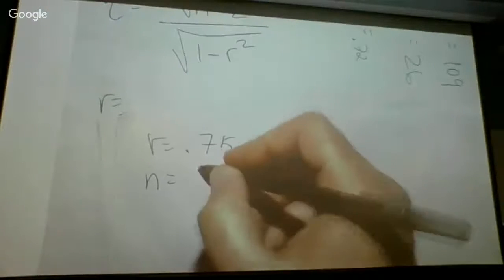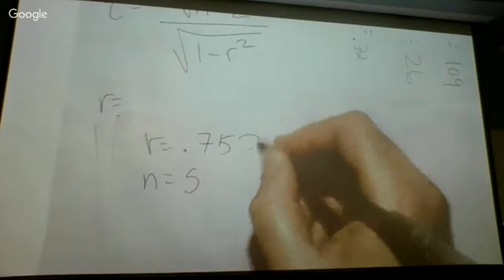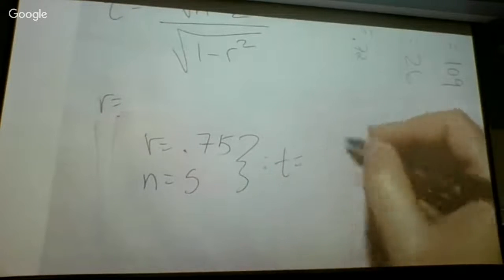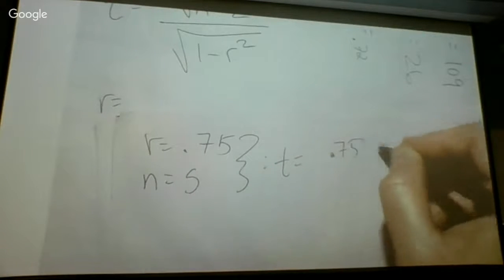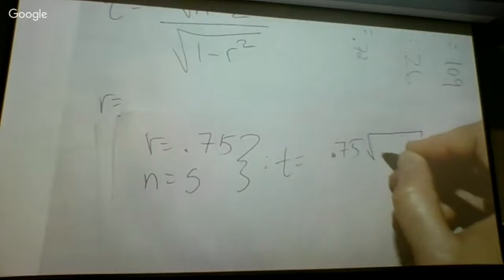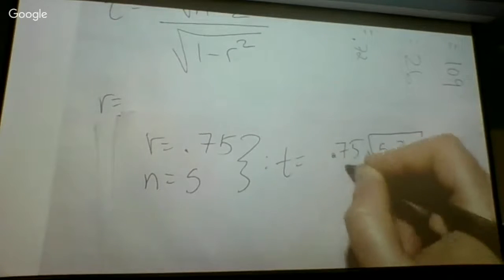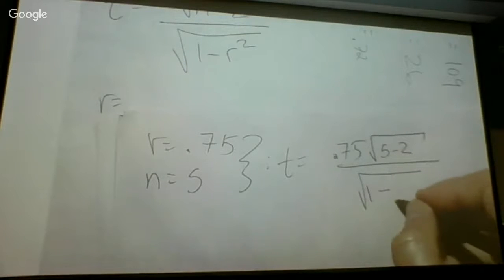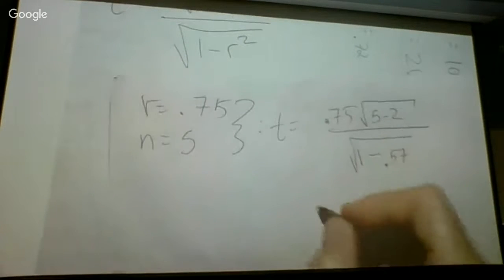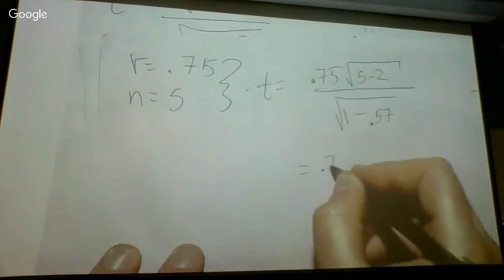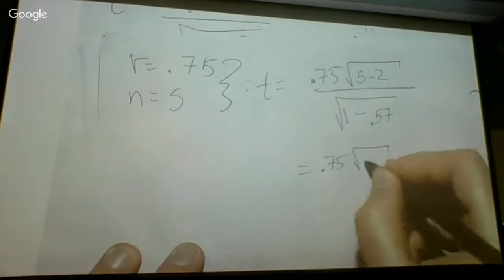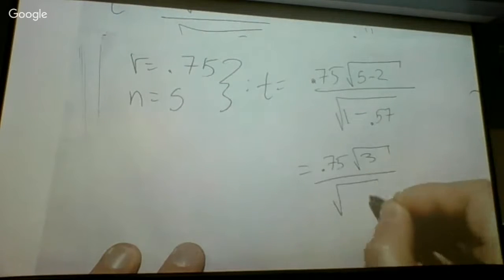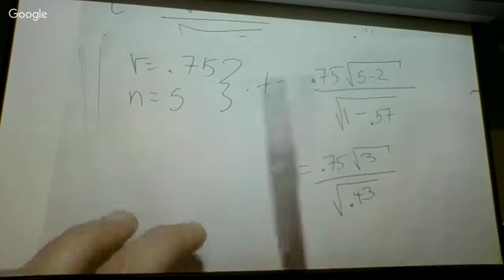So R is 0.75, N is 5. That means your test statistic T is 0.75 times the square root of 5 minus 2 divided by 1 minus R squared, which we said is 0.57. 0.75 times the square root of 3 divided by the square root of 0.43.